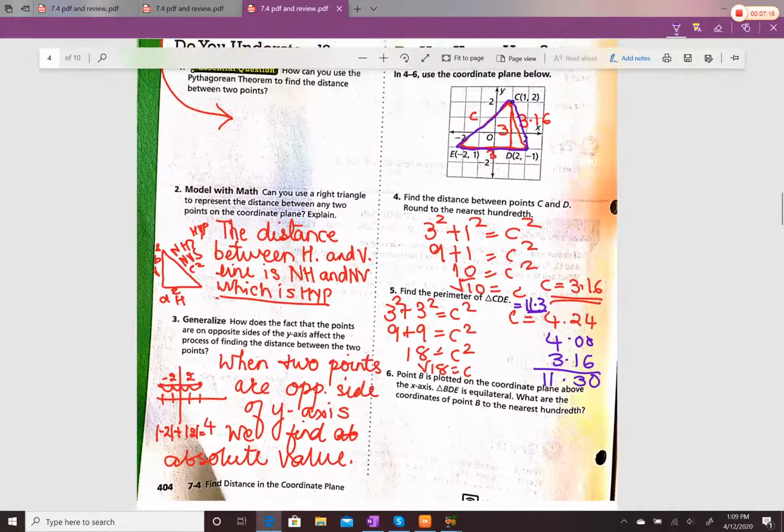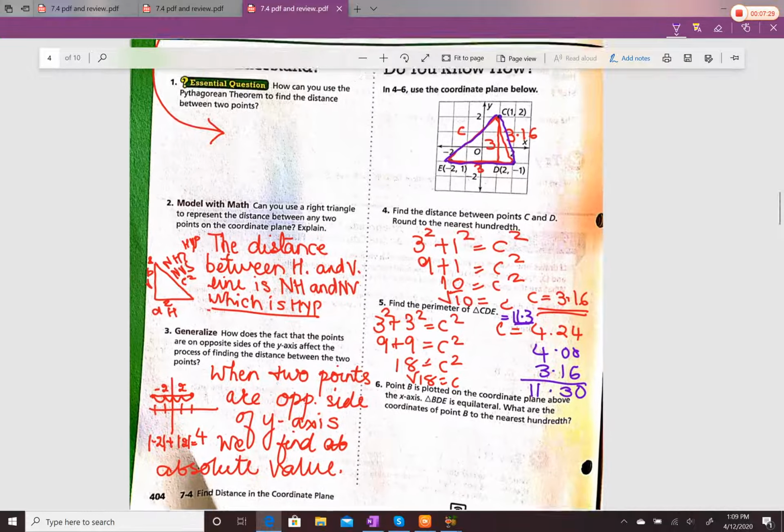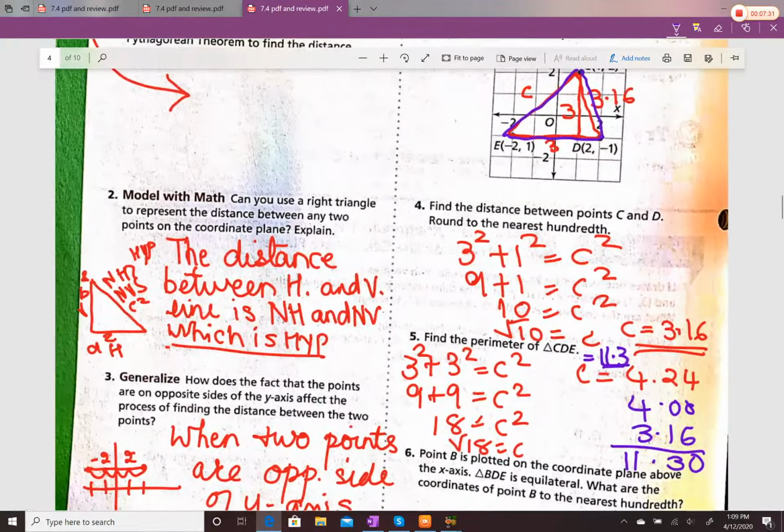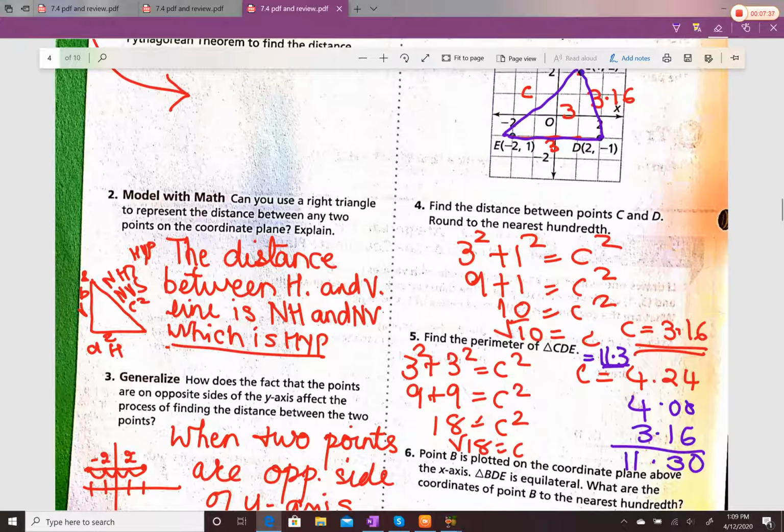Now we are going to work on the same graph for the sixth one. So what they are telling us to do is find B. Point B is plotted on the coordinate plane above the x-axis. So again, as I told you, I need to erase for every question, because every question is asking about the same thing but differently.